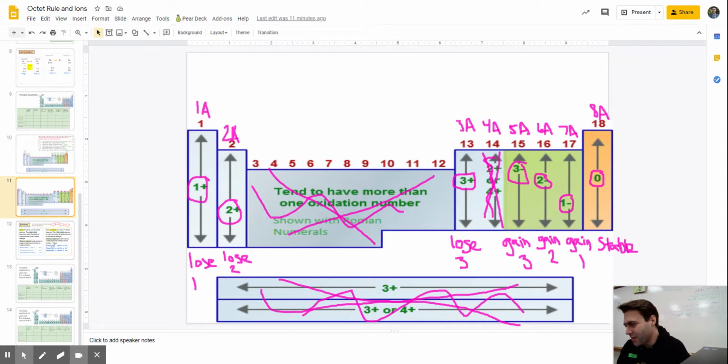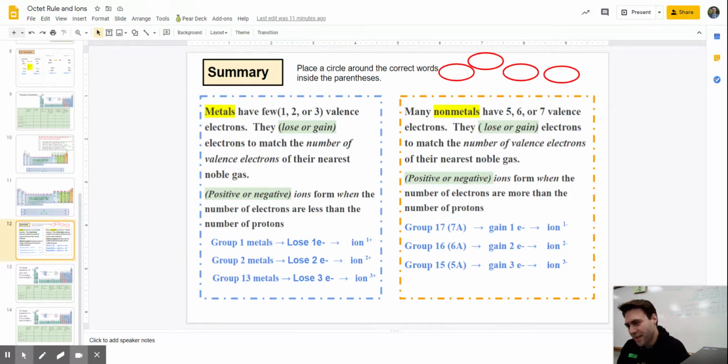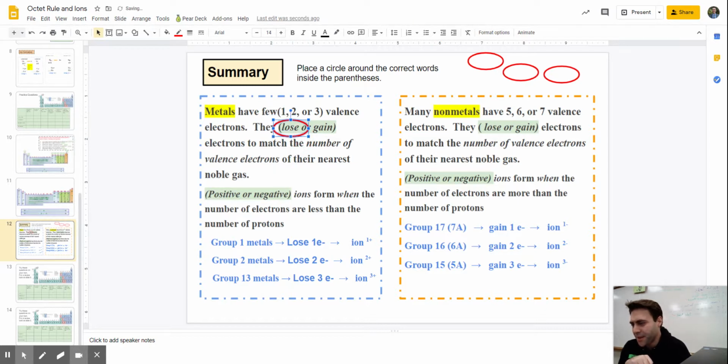So the trend we want to see on the next slide, the metals which are in group 1, 2, and 3, don't have a lot of valence electrons. So they have between 1, 2, and 3 valence electrons, and they will want to lose electrons, to match the number of valence electrons of the nearest noble gas.